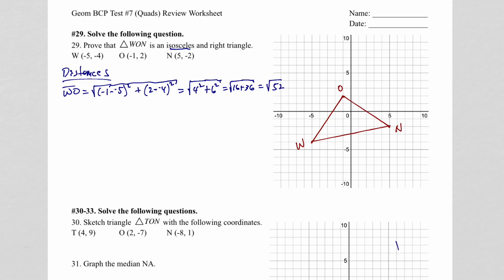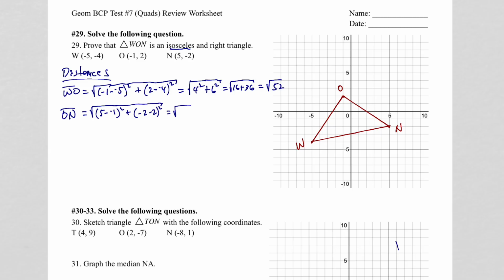Now, the distance of ON is the square root of the difference of the x's, 5 minus -1, and the difference of the y's, which is -2 minus 2.